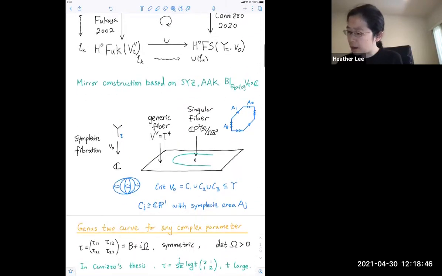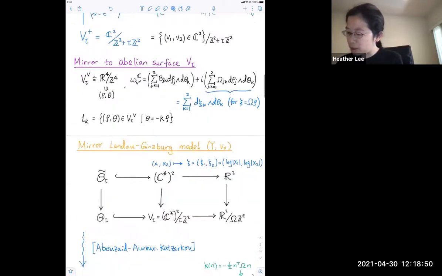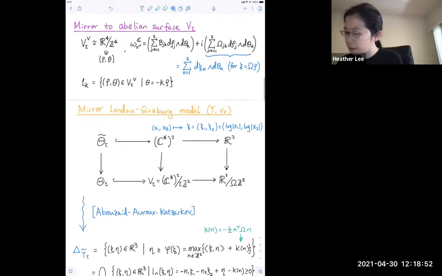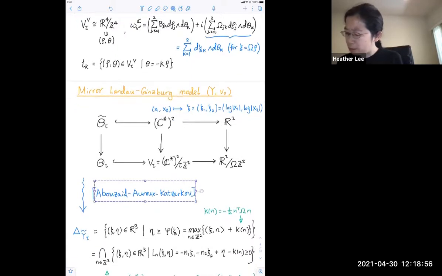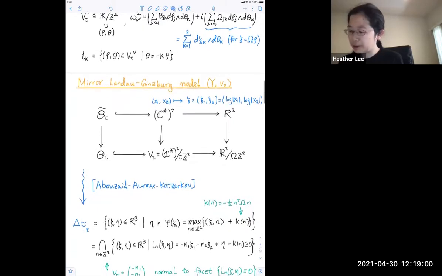And now let's talk a bit more about how this Y is constructed. This work by Abouzaid, Auroux, Katzarkov gives a way to construct mirrors for hypersurfaces in toric varieties, in particular in (C*)^2, which is what we want.